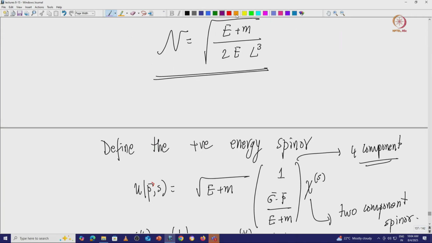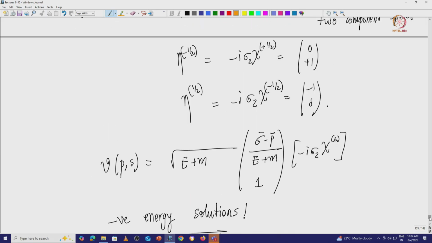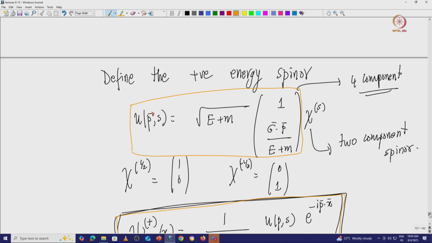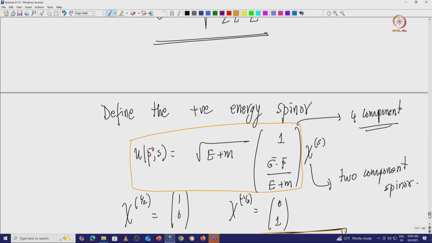Here you see u, and similarly we have written v. You see the upper part of v can be equivalent to the lower 2 components of u by a change of sign of momenta.